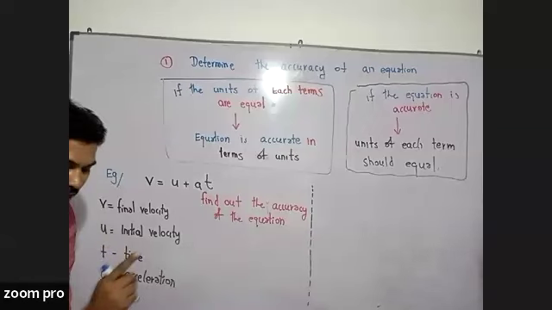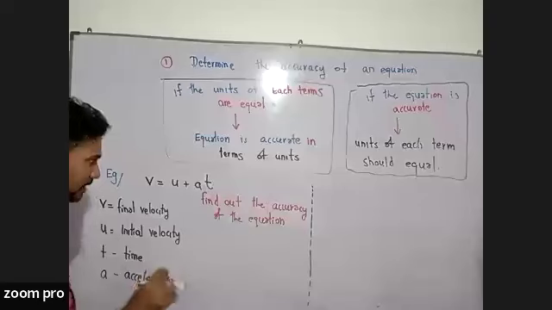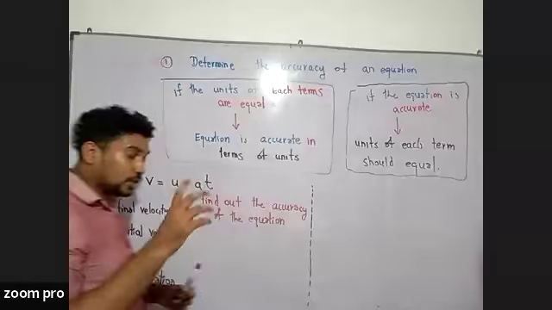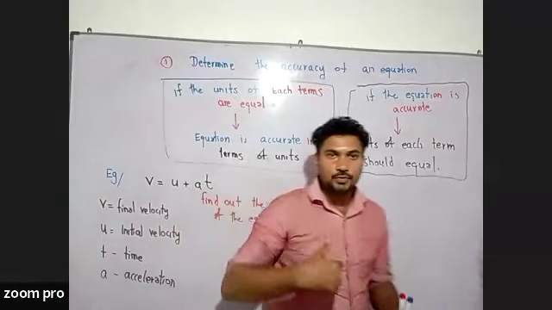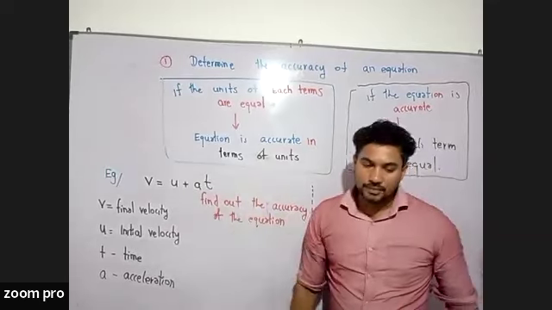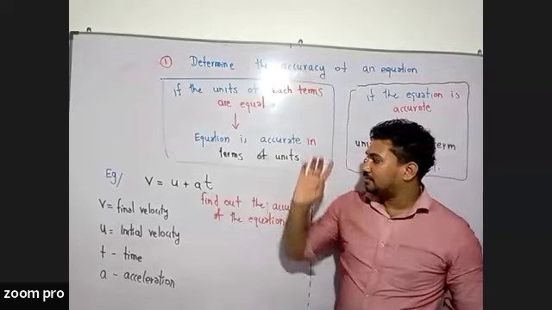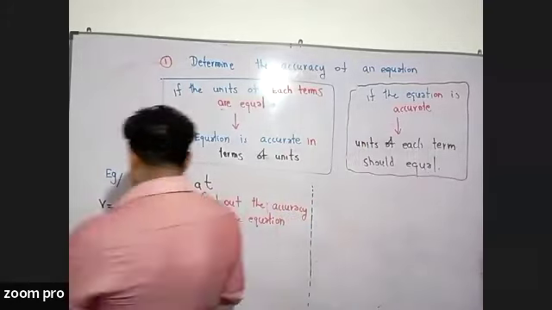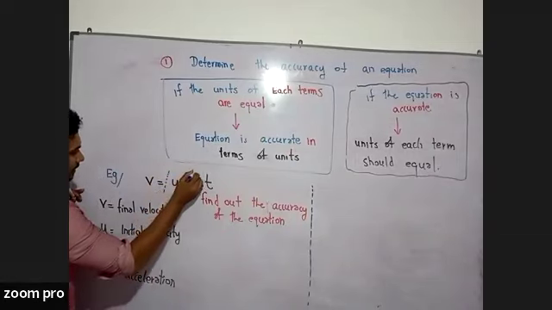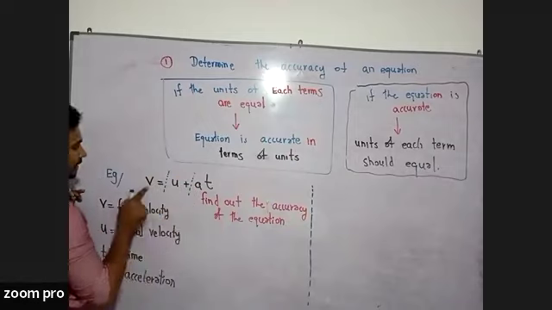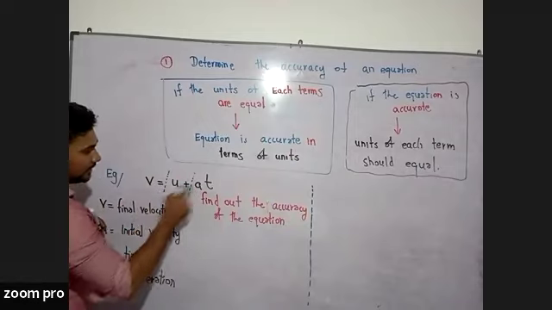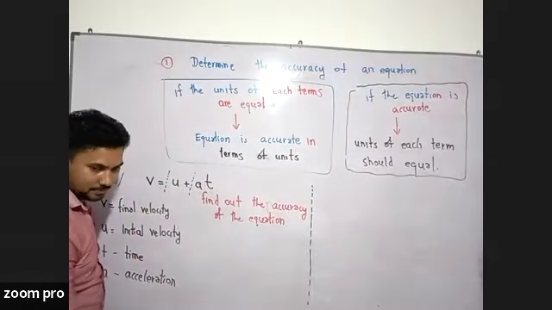First of all, you have to obtain how many terms are in this equation. As I told you, there is a method to identify the terms of a given equation. Now we can understand that in this equation there are three terms, isn't it? V is one term, U is another one, and the product AT is the other term, right?